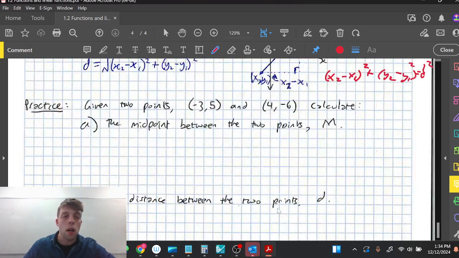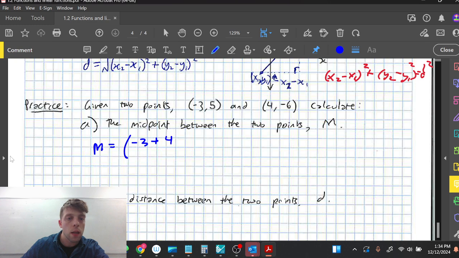Okay, so a couple of quick questions. Let's say we have these 2 points. Let's see if we can find the midpoint. The midpoint, that is just going to be equal to, let's use blue for this because I've used too much red and it kind of hurts your eyes a little bit. We have m is equal to the average of the two x values. So the x coordinate is going to be -3 plus 4 divided by 2.